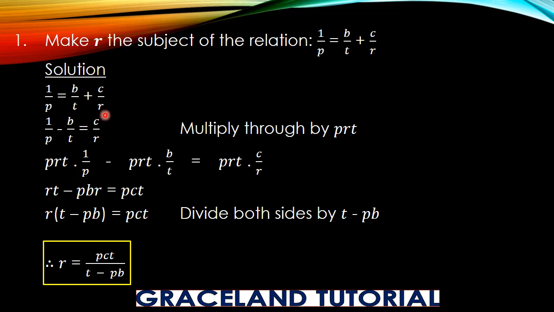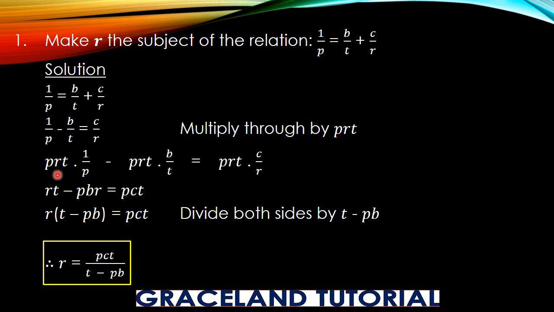Now, in doing that, we will collect the items to separate R from the other letters. Now we have 1 over P. B over T will move to the left-hand side, and that will turn to minus B over T, which is equal to C over R. Now, the next thing to do, you multiply through by PRT, that is, the denominators of the fractions.